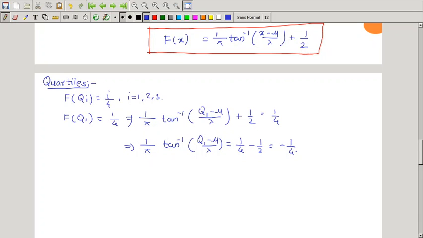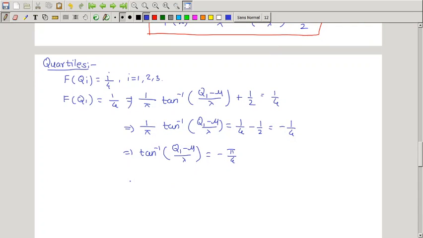Now you can write it as tan inverse of q1 minus mu upon lambda is equal to minus pi by 4, since pi goes from the denominator to the numerator.